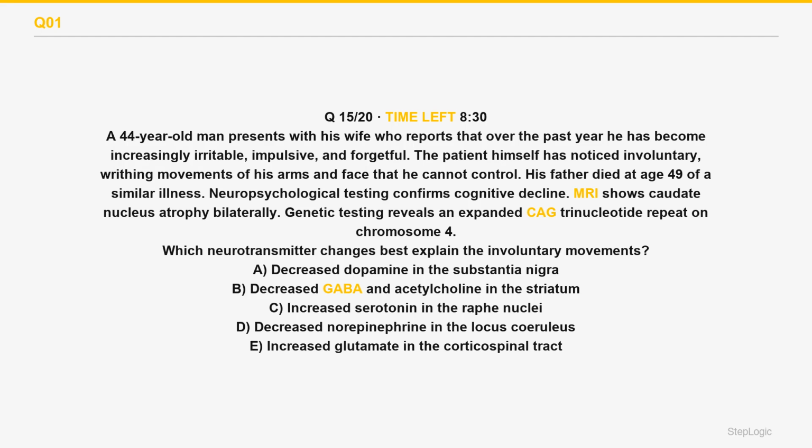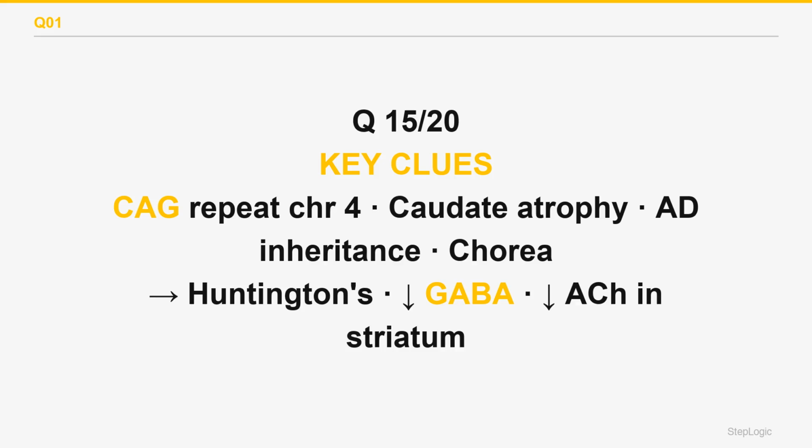Read the command. Which neurotransmitter changes, explain the involuntary movements. CAG repeat on chromosome 4, caudate atrophy. Father died at 49. Autosomal dominant with anticipation: Huntington's disease. Huntington's causes selective degeneration of GABAergic and cholinergic interneurons in the striatum, particularly the caudate nucleus.